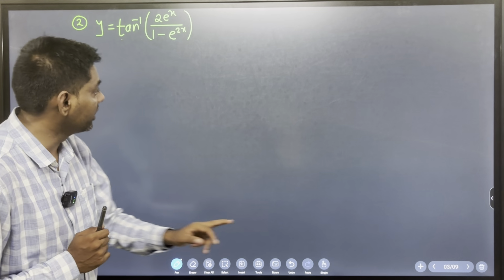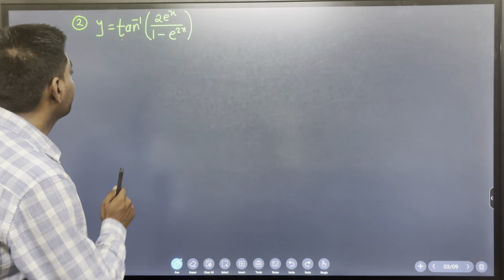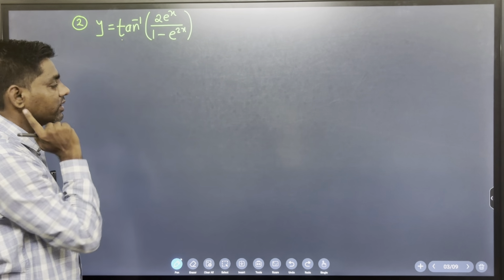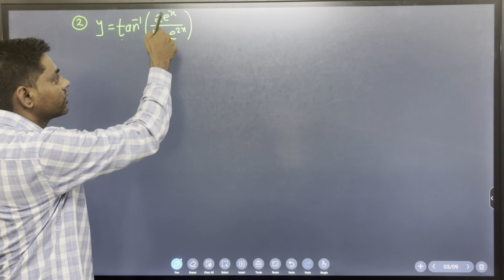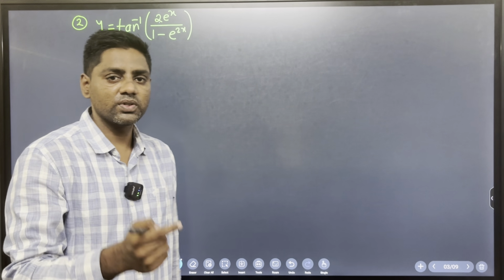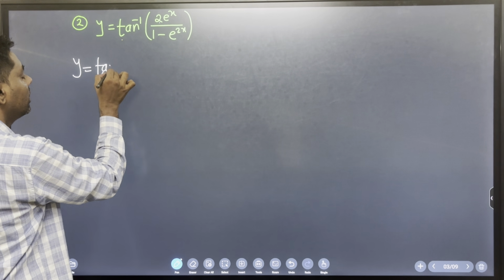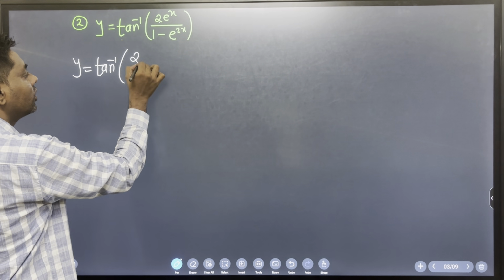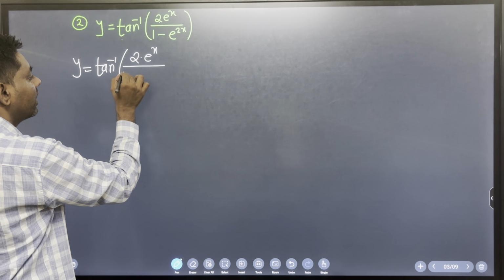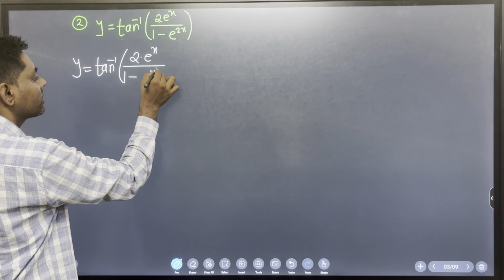And when we solve the derivative of this function, now remember that here, outside tan inverse is given and inside 2 into e raised to x over 1 minus e raised to 2x. So first we write y equal to tan inverse of 2 into e raised to x divided by 1 minus (e raised to x) square.